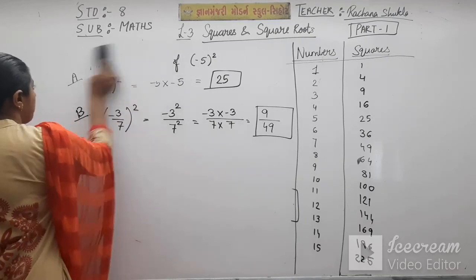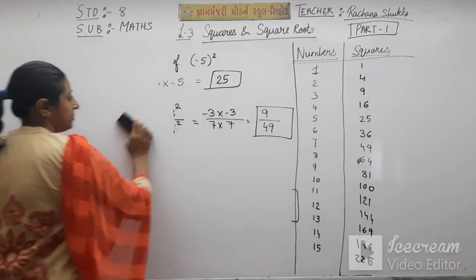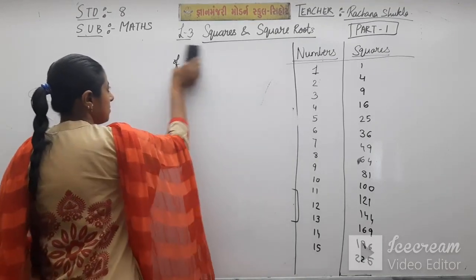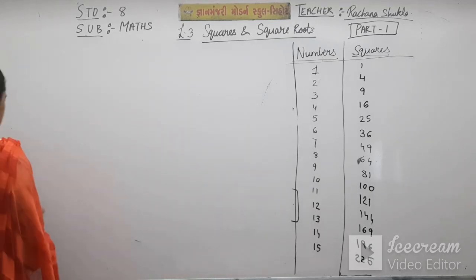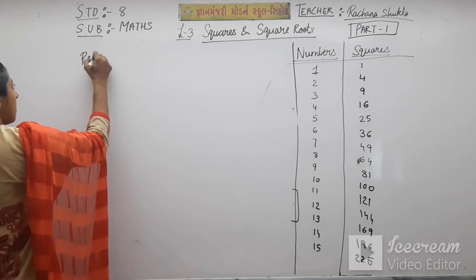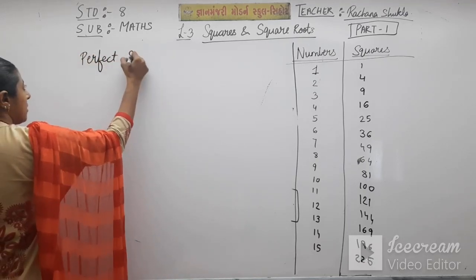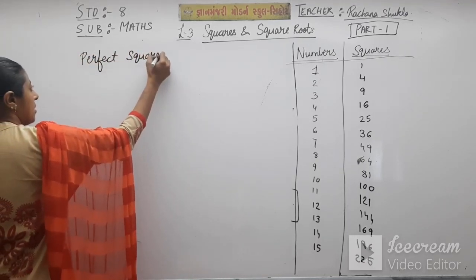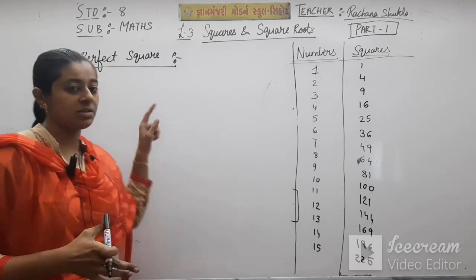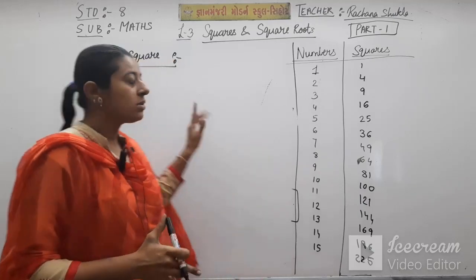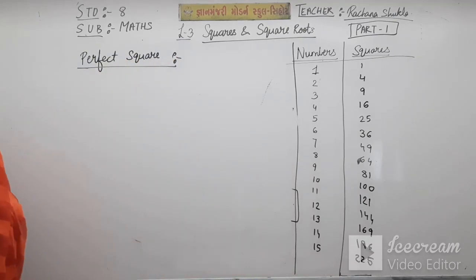Now the next topic is about perfect square. First, write down this definition in your fair book. The definition of perfect square.